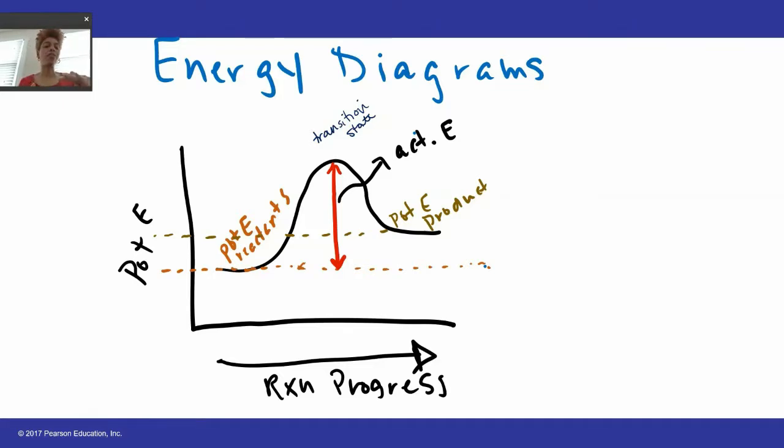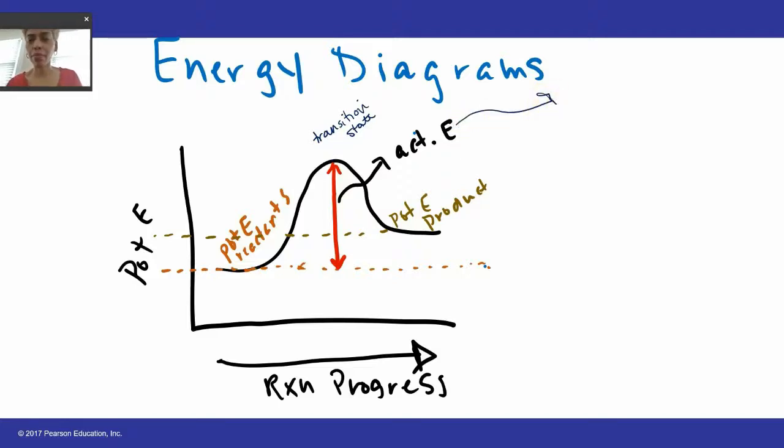So the energy that is required to go from the potential energy of our reactants to this transition state is called the activation energy. It is the minimum amount of energy that must be supplied to break the bonds in our reactants.